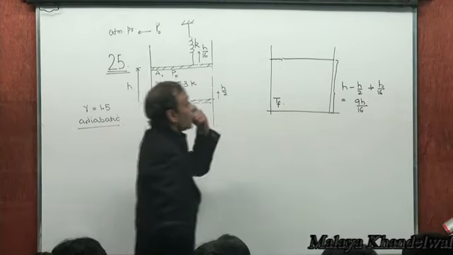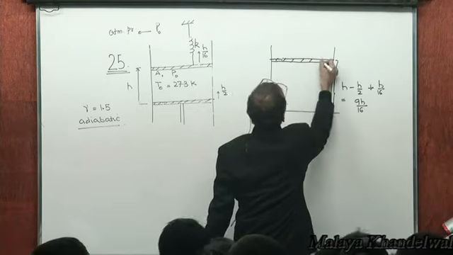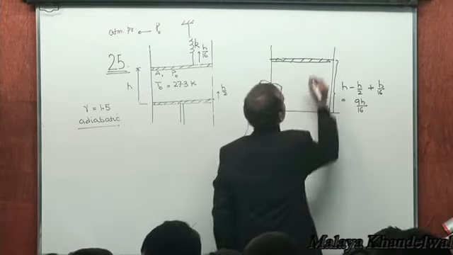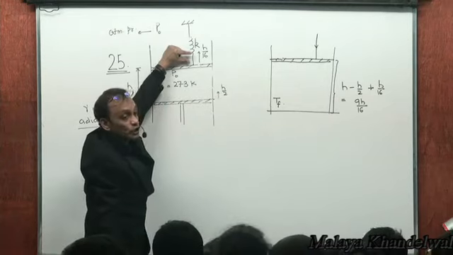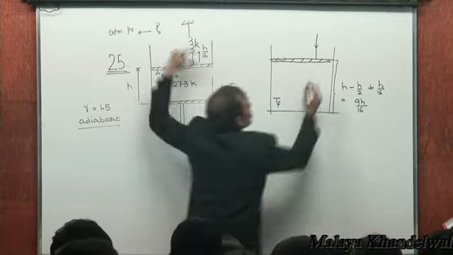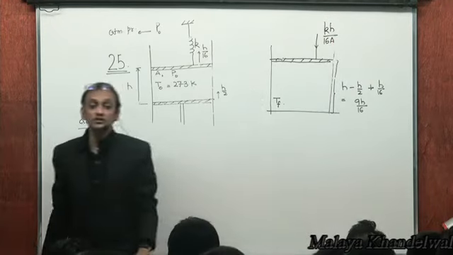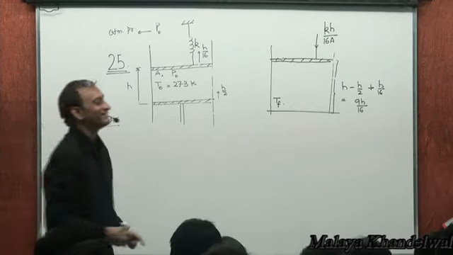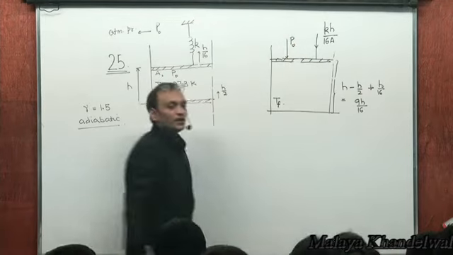Now, what are the forces acting? Let me look at the free body diagram of the upper piston. One, there is pressure because of the spring force. The spring force is kh by 16 acting downwards on the piston, and the pressure because of it is going to be kh by 16a. And there is pressure because of the atmosphere, P naught.